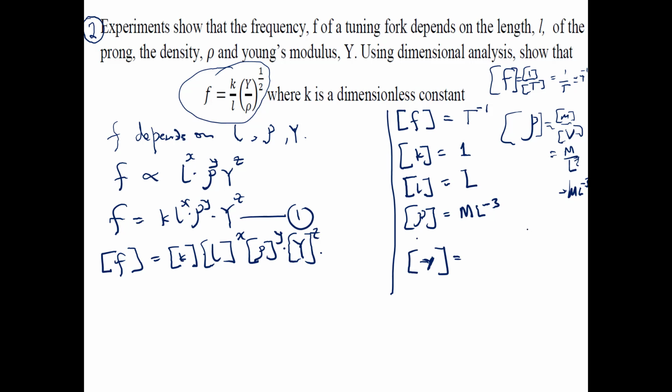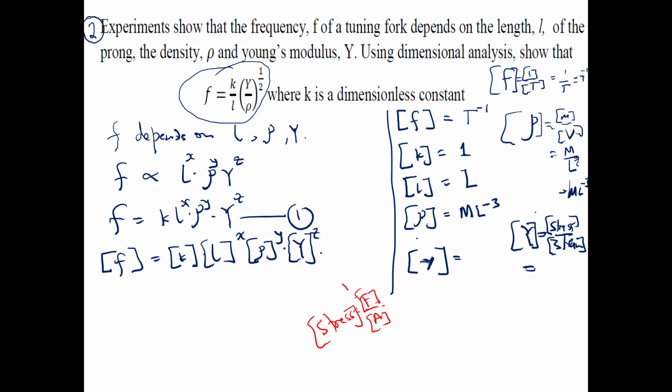Then Young's modulus. What is Young's modulus from your O-level physics? Young's modulus is equal to stress over strain. So the dimension of Young's modulus will be equal to the dimension of stress over the dimension of strain. What is stress? Stress is equal to force over the area. So the dimension of stress is equal to the dimension of force over the dimension of area.